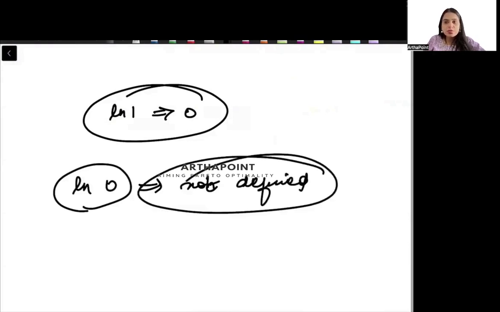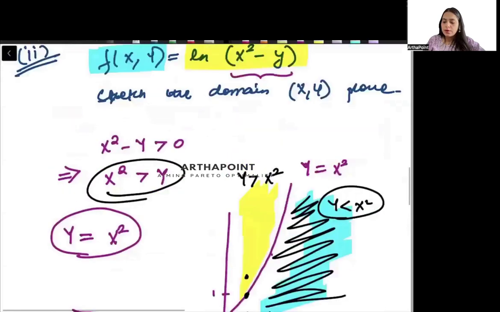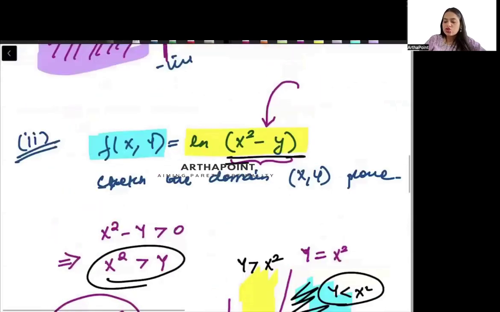So we need to make sure that we only take strictly positive values and not put an equal to here, right? Because if we put an equal to, then ln0 will not be defined, and that will make the answer incorrect. And we need to make sure that ln1 comes out to be 0.